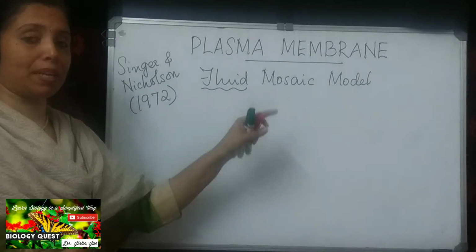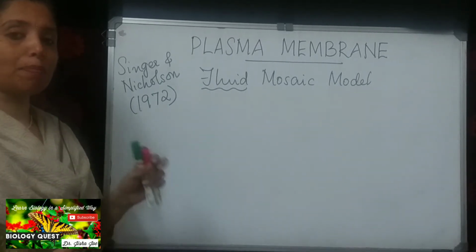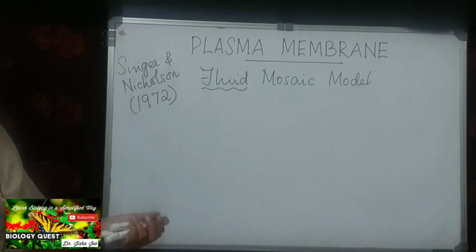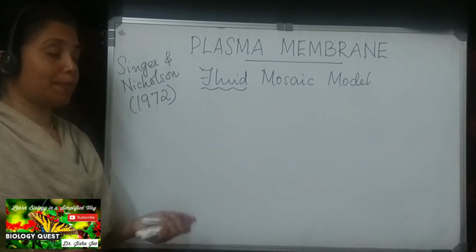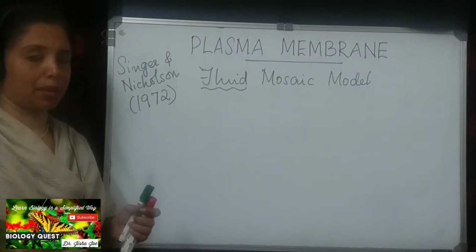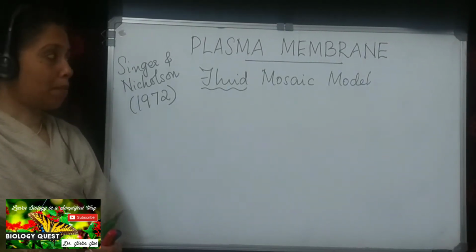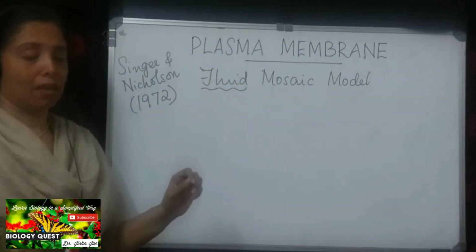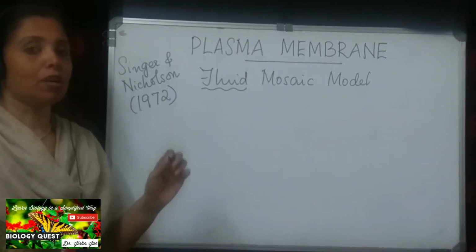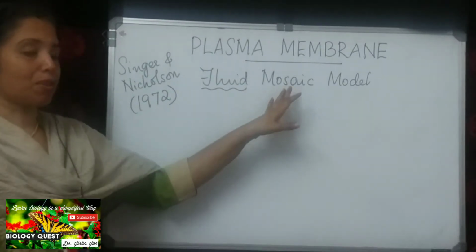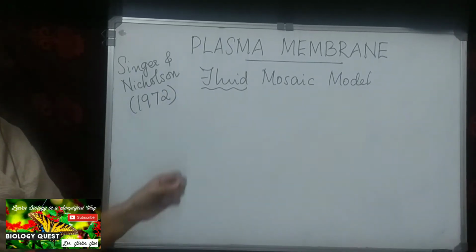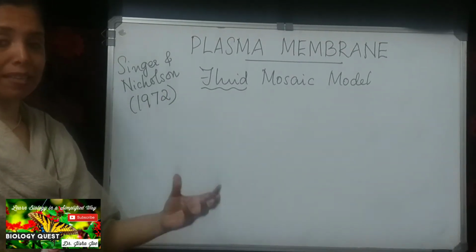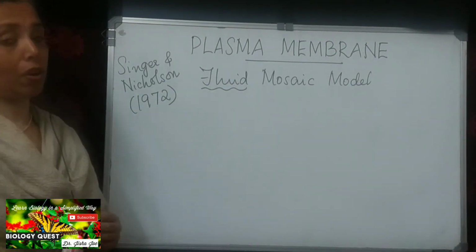The mosaic appearance is due to the components like the proteins, carbohydrates, and phospholipids, as well as cholesterol in the plasma membrane.